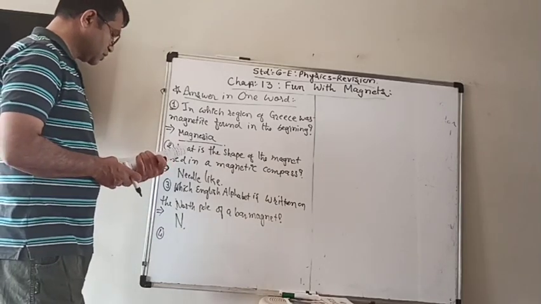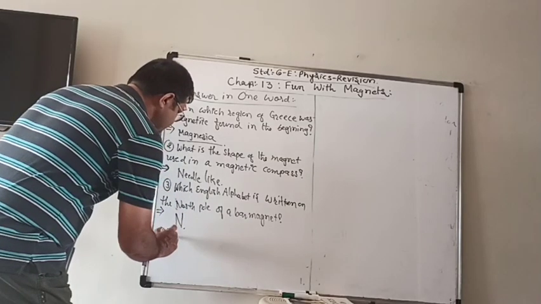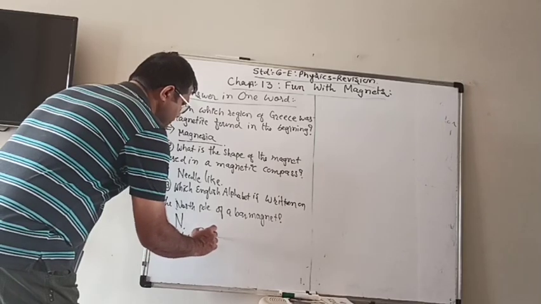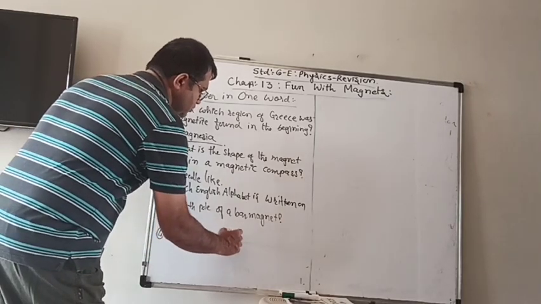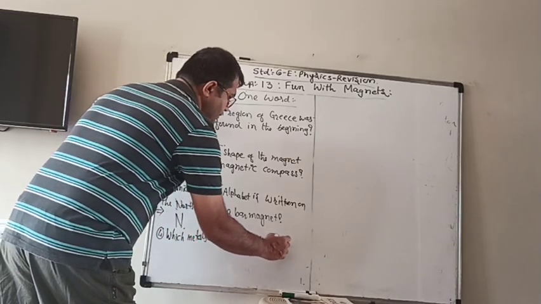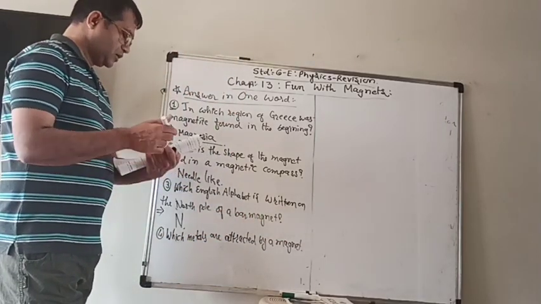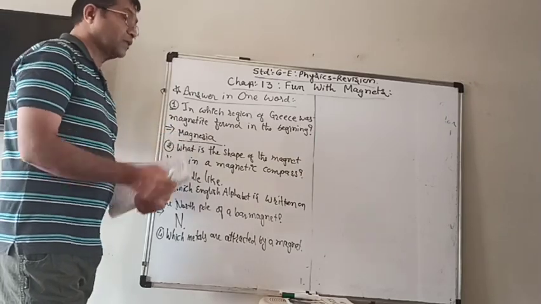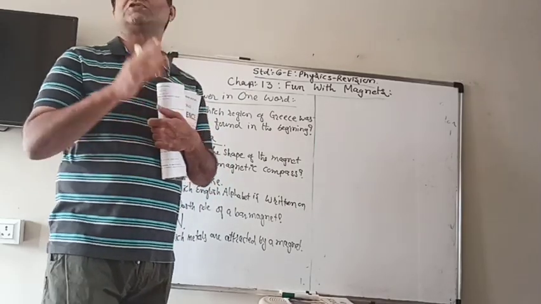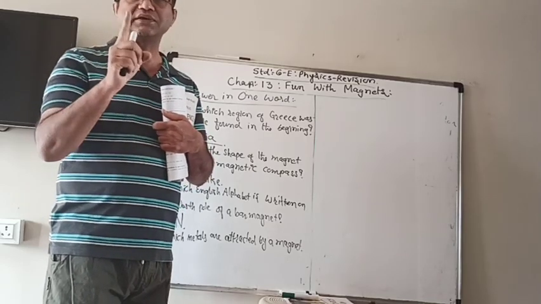Number 4. Which metals are attracted by a magnet? We know that a magnet can attract only magnetic materials, and those are iron, nickel and cobalt.